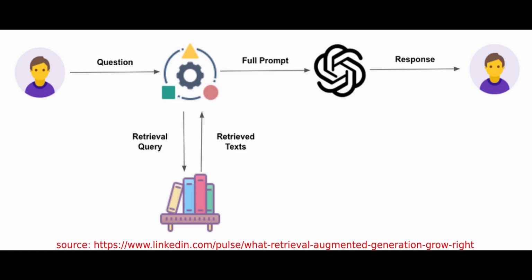When you want to use an LLM, usually you write a prompt, right? When you're using ChatGPT, your LLM will have limited knowledge. For example, if the training dataset is from 2021, the knowledge of that LLM is limited to 2021.